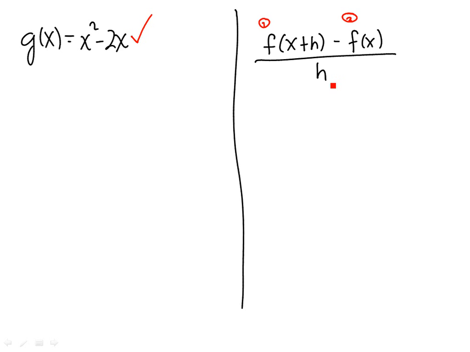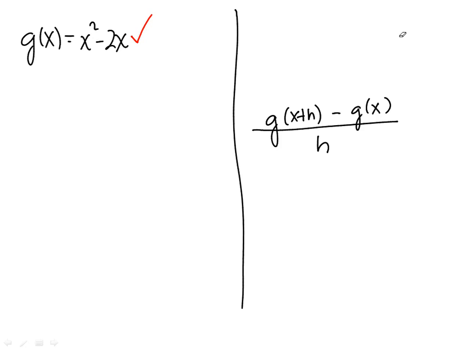Since we're dealing with g, let's rewrite this difference quotient using g. It means the exact same thing: g of x plus h minus g of x, all over h. We have g of x right here. We just need to figure out what g of x plus h is.